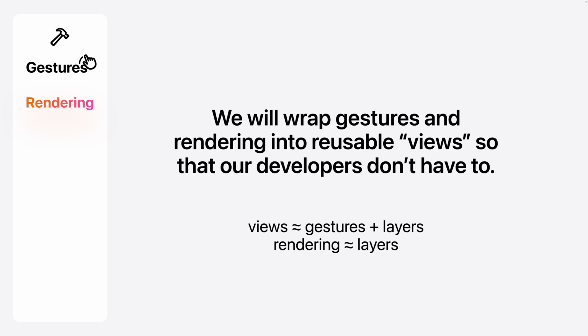I hope you remember the following equation: views are essentially equal to the combination of gestures and layers. Or you can say that they are just wrappers of these two. When we talk about layers, we're merely referring to the underlying rendering.